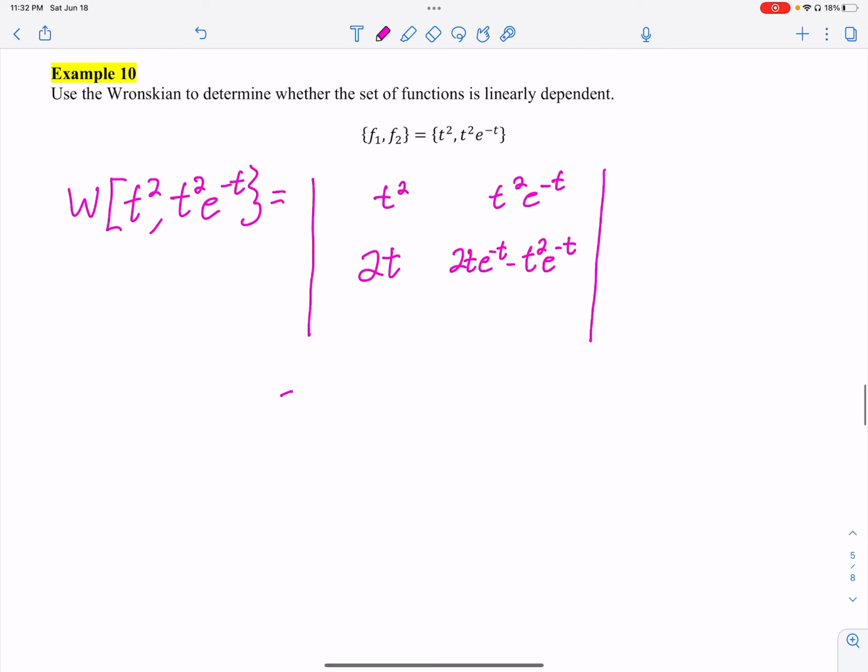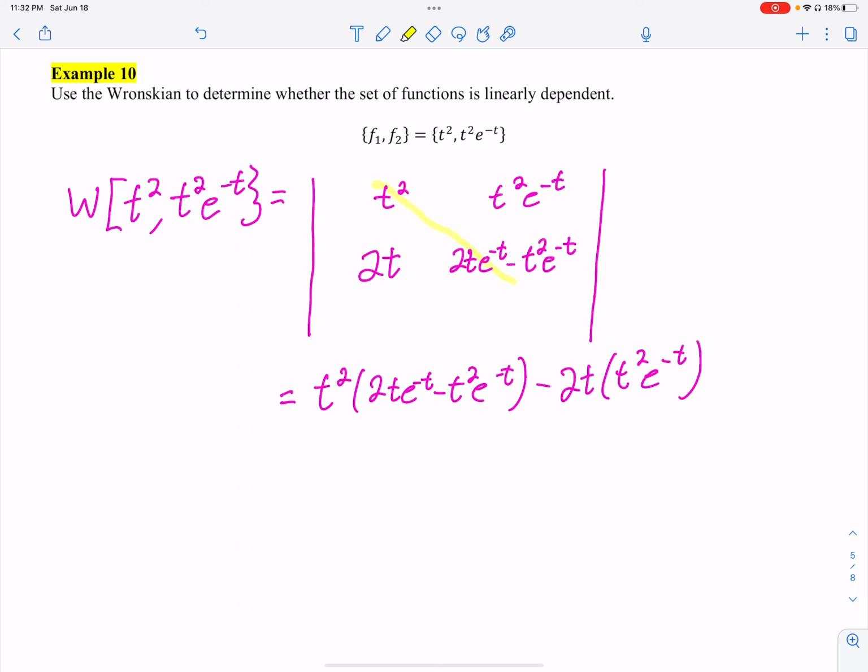So now this is just the determinant. So we have t squared times 2t e to the negative t minus t squared e to the negative t, minus 2t times t squared e to the negative t. If you don't remember this, this is like the cross product in Calc 3.